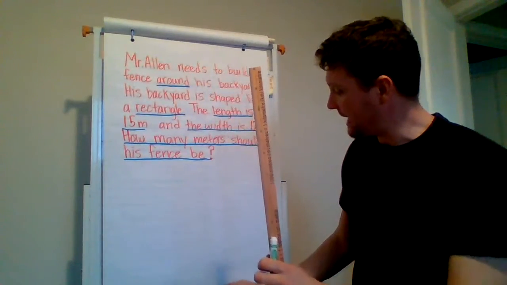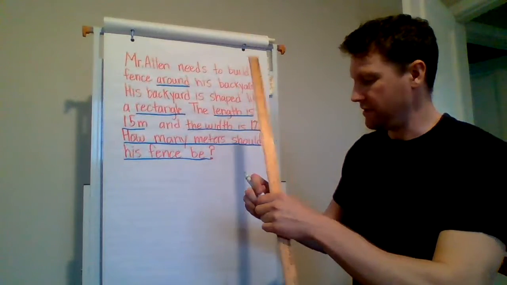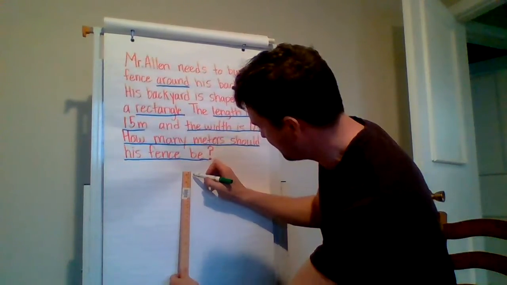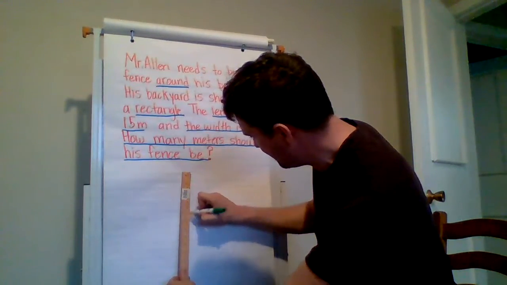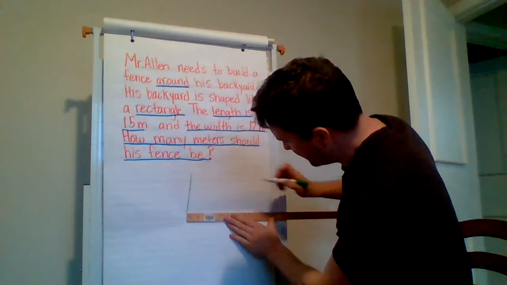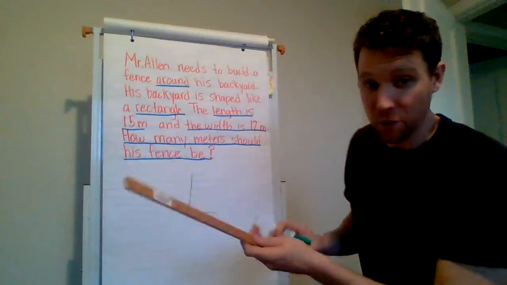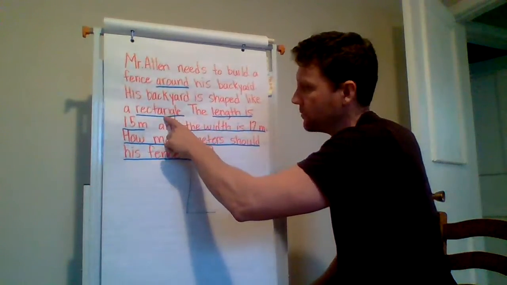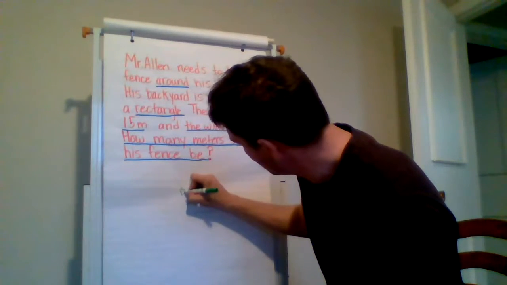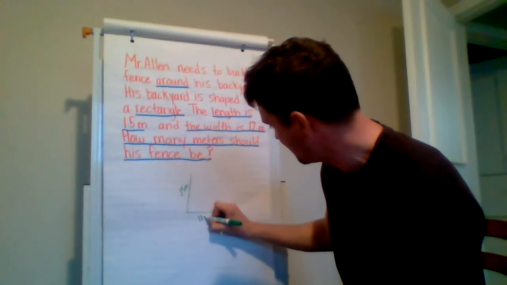So I know that the length, the long side, is 15 meters. So I'm going to draw just a rectangle, with one side being larger than the other. And I know it's a rectangle because it says that here, rectangle. So I know this side is 15 meters. And this side is 12 meters.